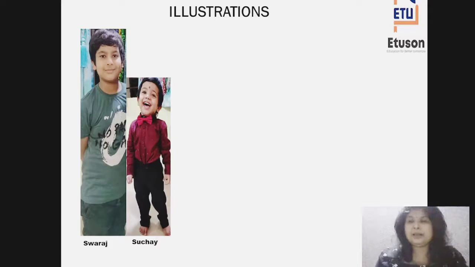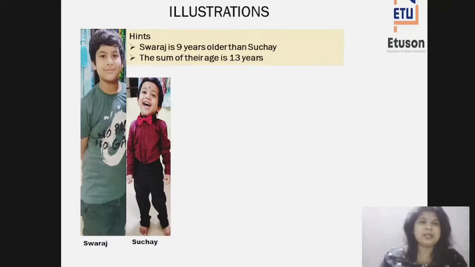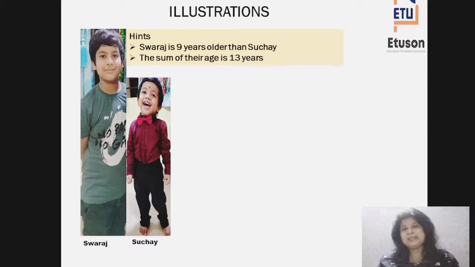Now let me give two hints so that you can get a better answer. Swaraj is 9 years older than Suchay. This is one hint, and another one is that the sum of their ages is 13 years. With these hints, how are you going to find the solution?